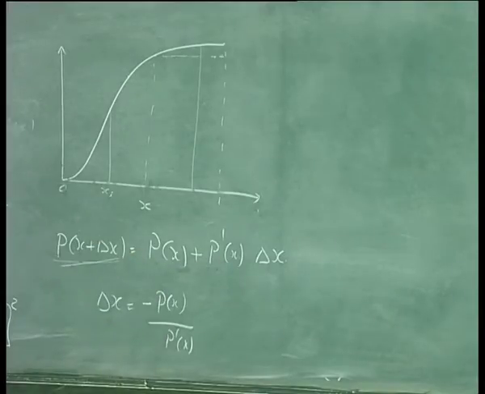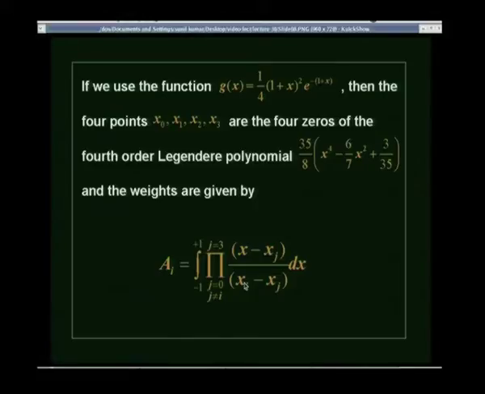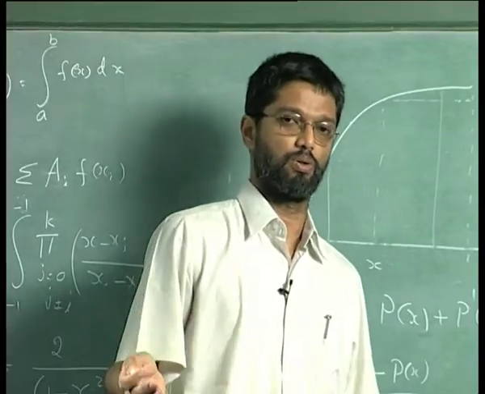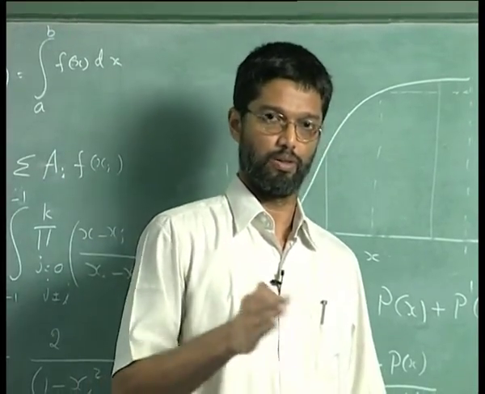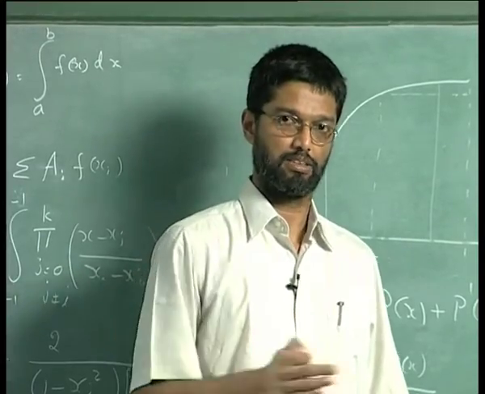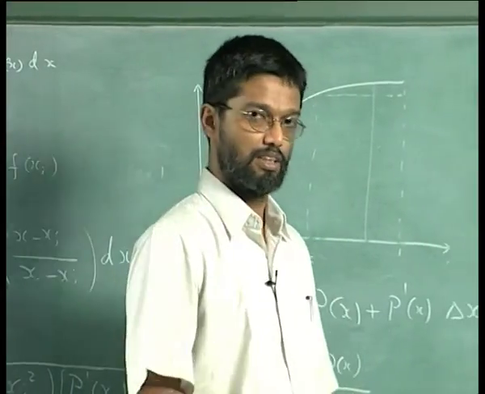For that, we again use some properties of the Legendre polynomial, the recursion relations, which give the relation between the jth order polynomial and the j plus 1th order polynomial. The recursion relations connect polynomials of different order by a simple linear relation. That's what we're going to use.